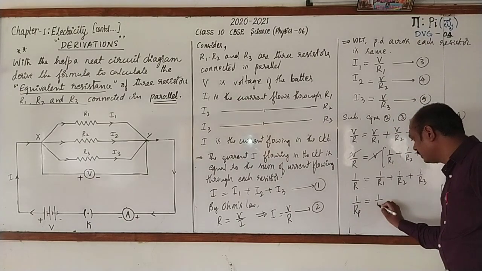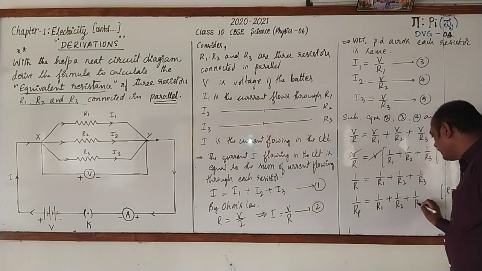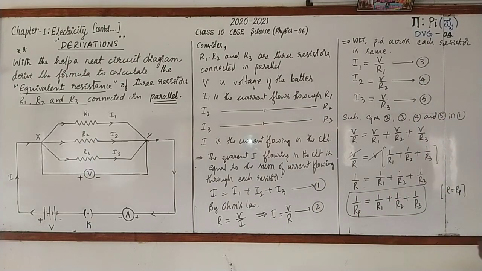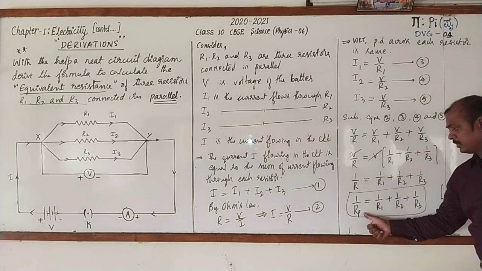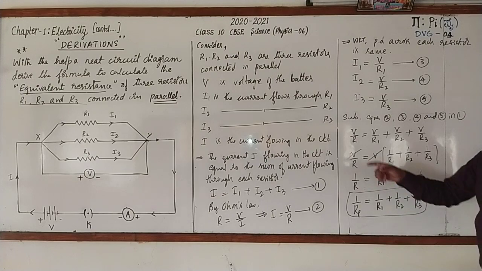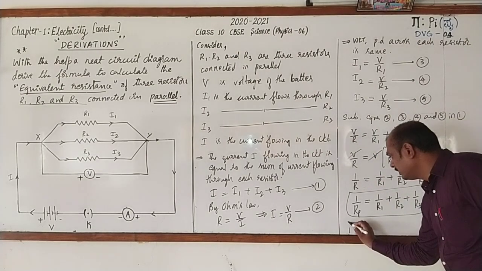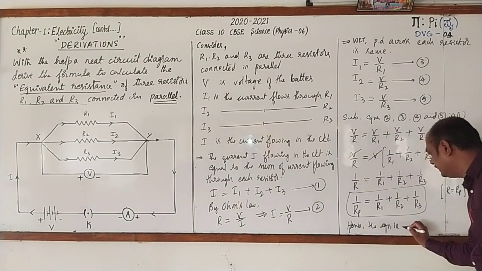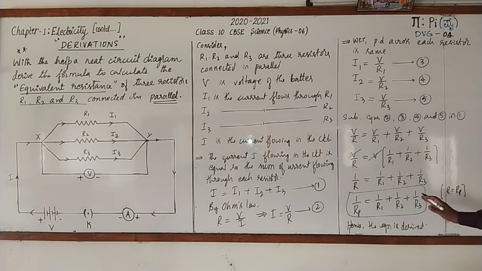It is equal to 1 by R1 plus 1 by R2 plus 1 by R3. So this is the formula. When the resistors are connected in parallel, then the reciprocal of equivalent resistance is equal to the sum of reciprocals of all the three resistors. Understood? Okay. Now we can write, hence the equation is derived. I hope that you all have understood this.